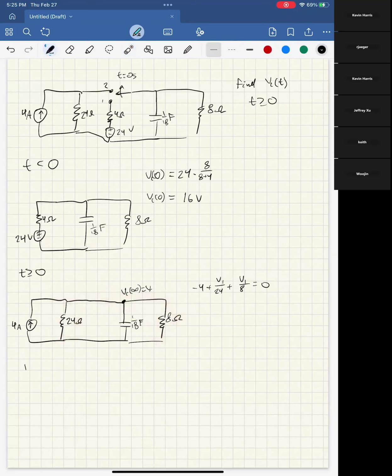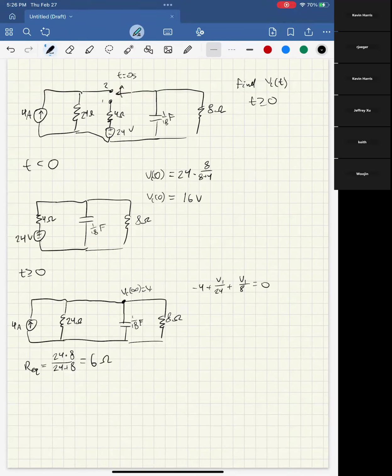So the equivalent resistor would be 24 times 8 over 24 plus 8. I realize this math is actually not as easy as I thought it would be because I don't know what 24 times 8 is off the top of my head. Actually, wait, it'd be 96 times 2, which is 192 over 32, which is 6 ohms.